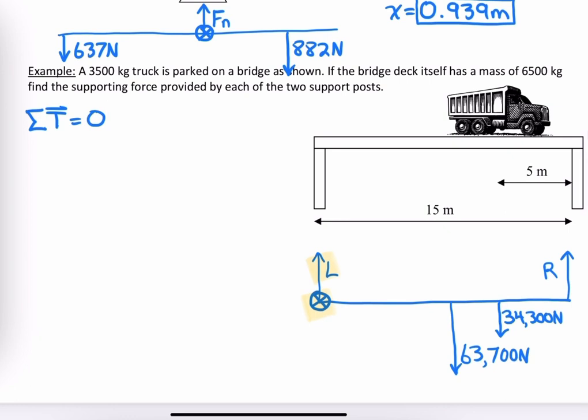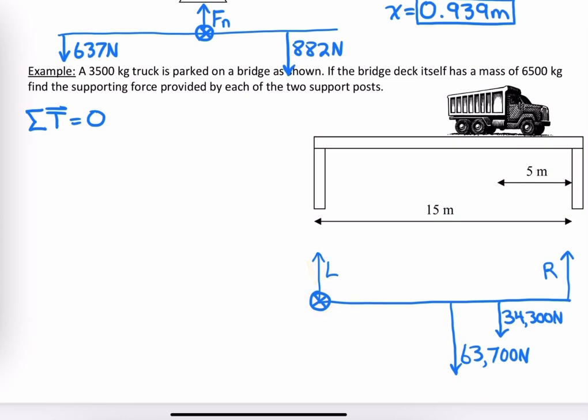L acts exactly at the rotation point, so L will not create a torque at all about that rotation point. So L will not appear in this formula because it doesn't create a torque. That means R should be the only thing in this formula I don't know, and I should be able to solve for it. Let's try that.